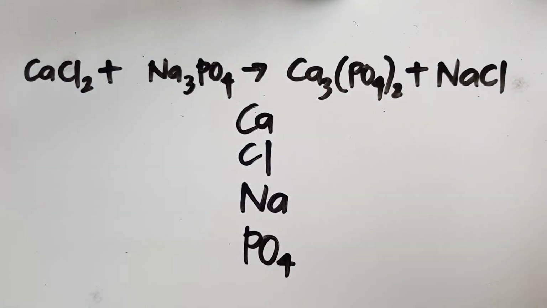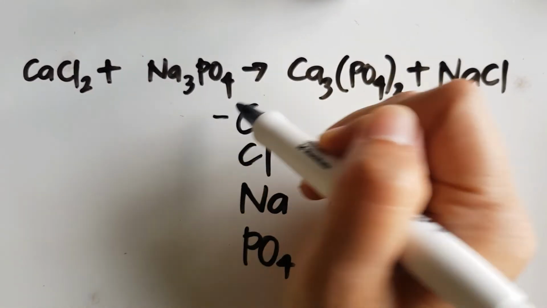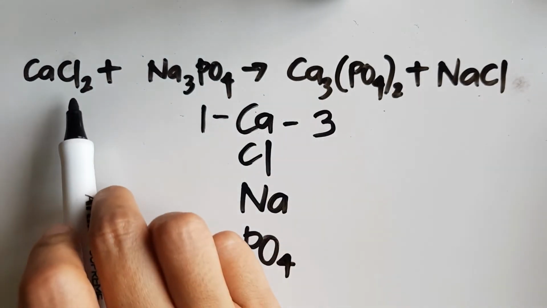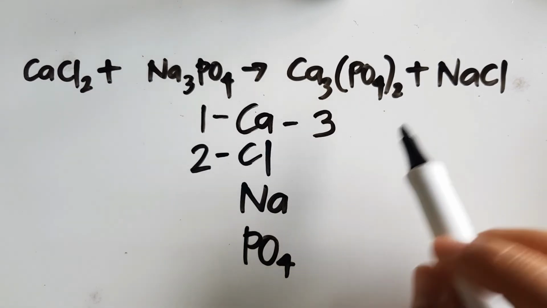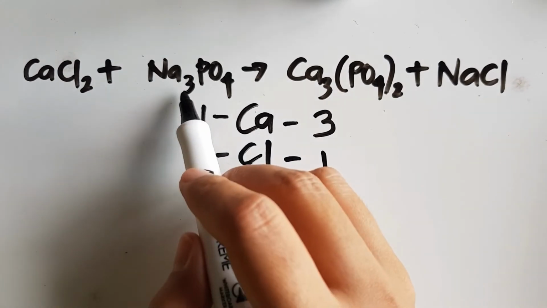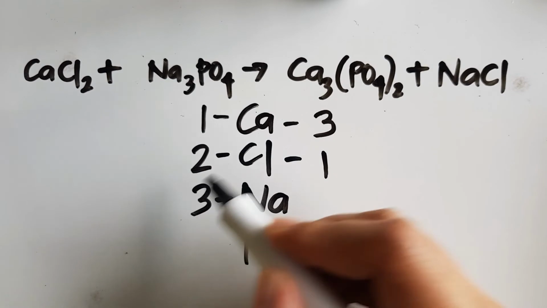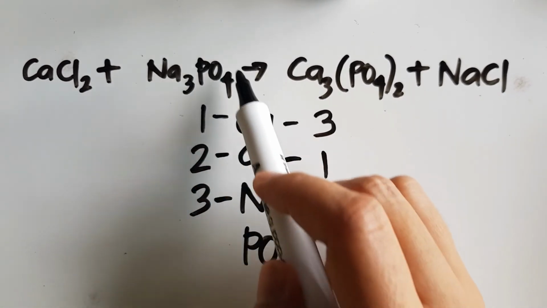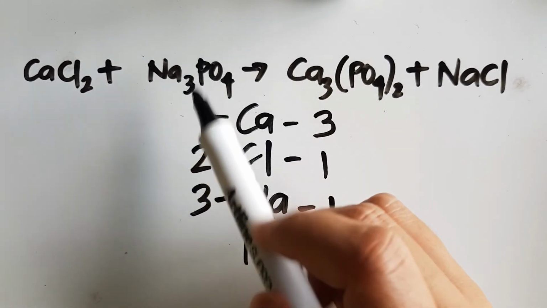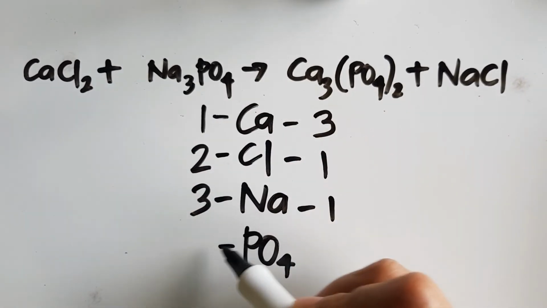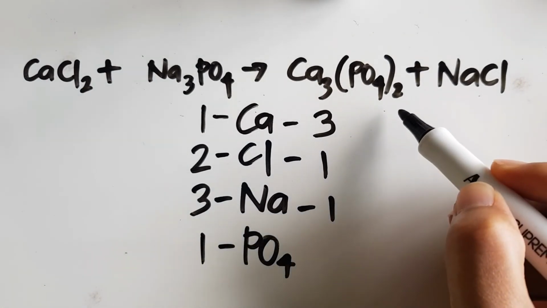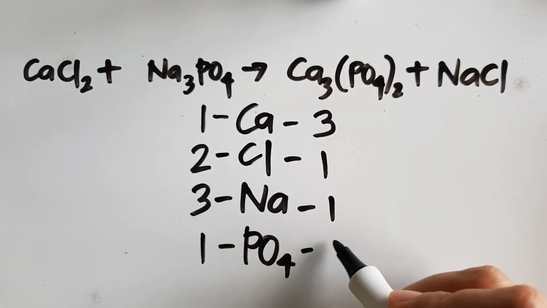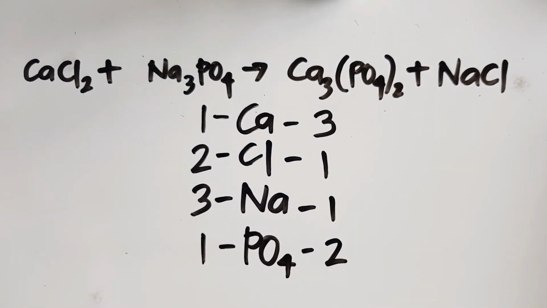We have 1 calcium on the left, 3 on the right, 2 Cl on the left, 1 on the right, 3 Na on the left, 1 on the right. We have PO4. Since it's not enclosed in a parenthesis, that means you only have 1. And this one, it's enclosed in parenthesis and there's a subscript of 2, so there's 2 PO4.